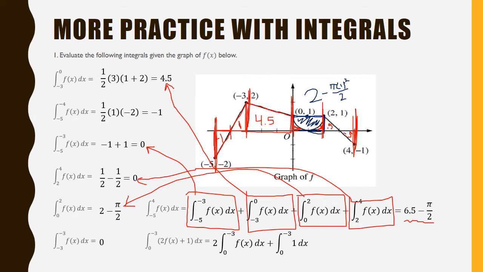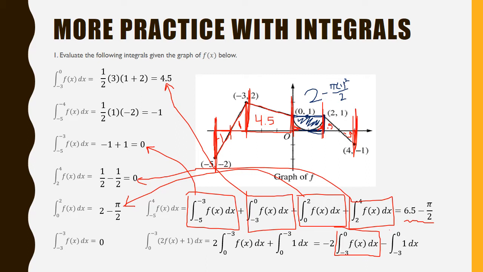But you will also notice that the 0 and the -3 are out of order. So I need to reverse them, and when I reverse them, I change the sign. And since I know what this is, right, so this one we calculated where? Oh, the first one, 4.5.